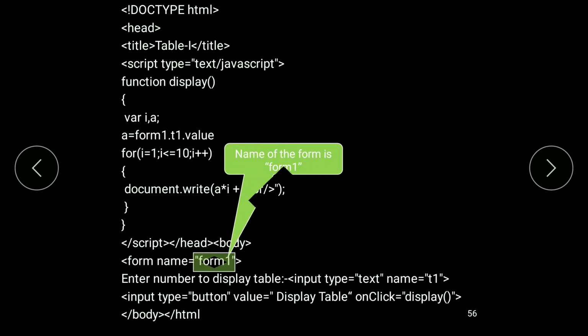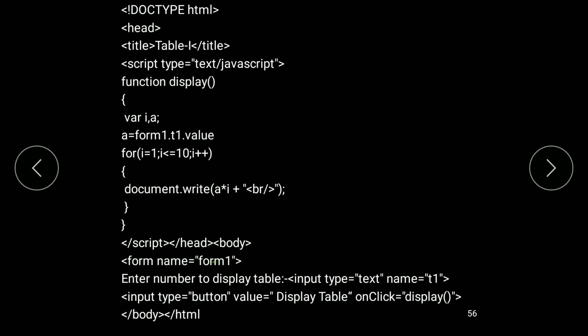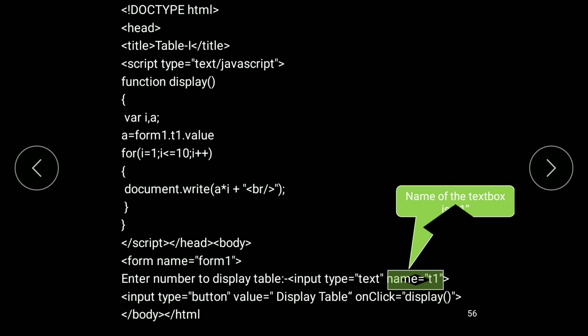so here you can see we take one form which is named form1, and in that we took one text box which is named T1. The name of the text box is T1.